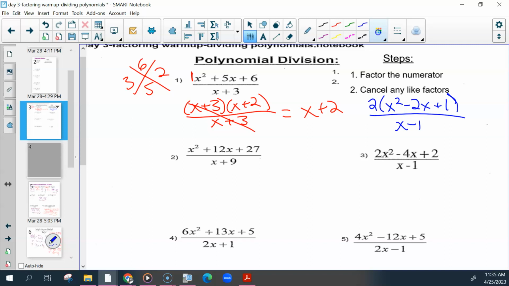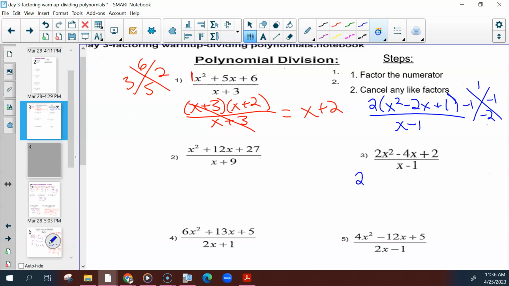So you're looking for two numbers that multiply to be 1, but add or subtract to be negative 2. What two numbers would work? What numbers multiply to be 1? 1 and itself. But how could we make them add or subtract to be negative 2? Negative 1 and negative 1.